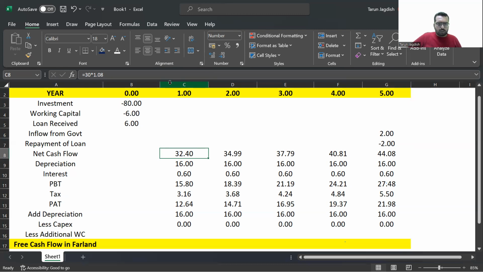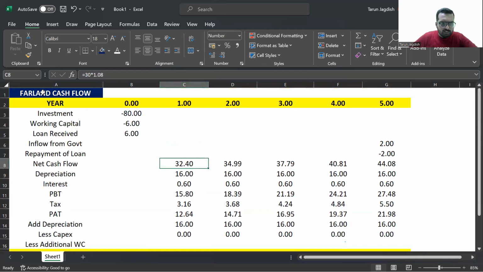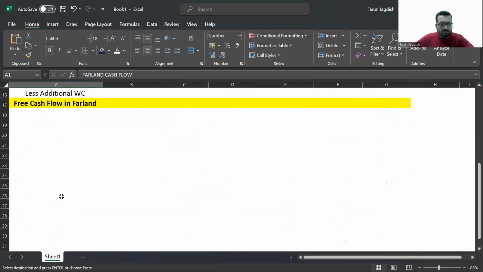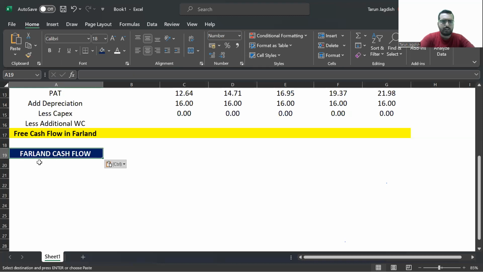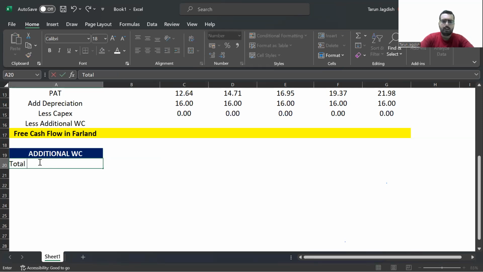Right, friends. I believe you're all clear with this part. So what I'll do is I'll just put the second one as first. I'll find out the additional working capital. Then I can at least close this entire sheet. Okay. So here I'll write down first one will be total working capital.